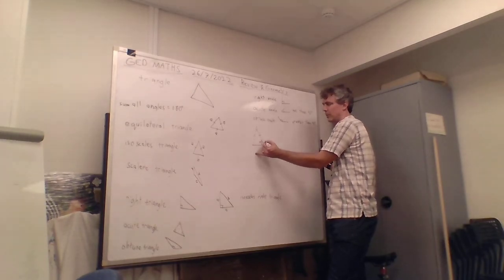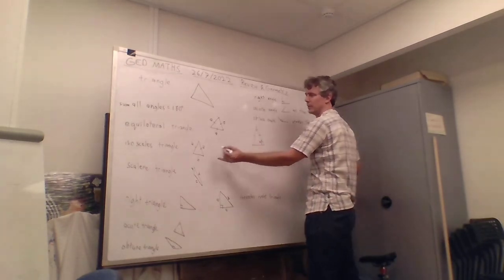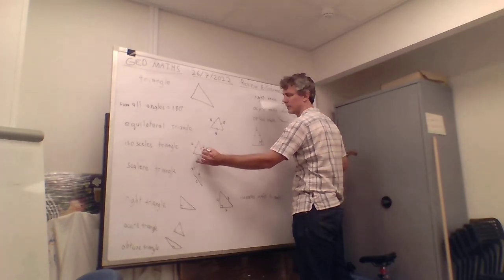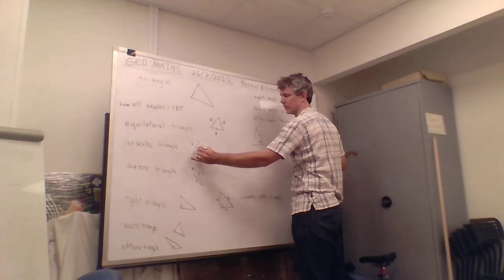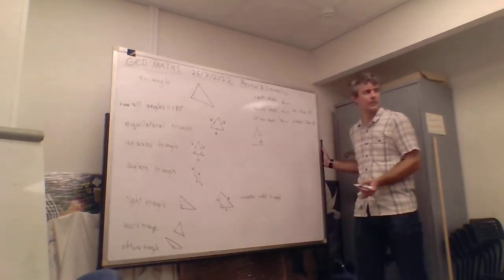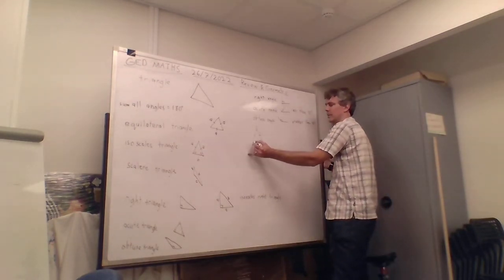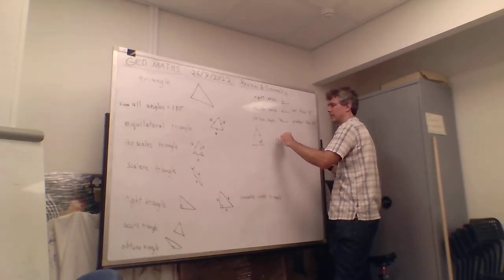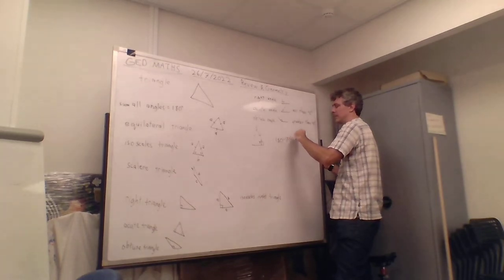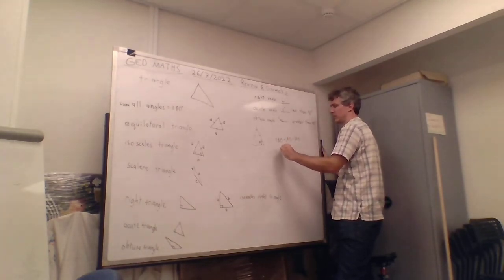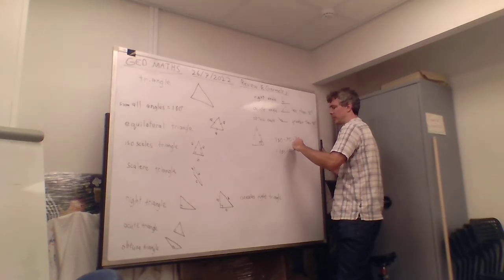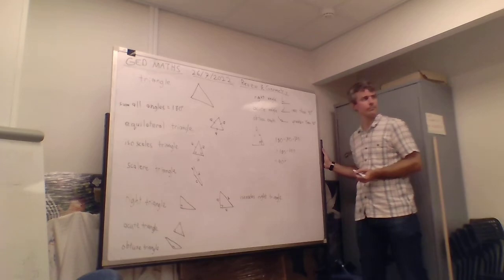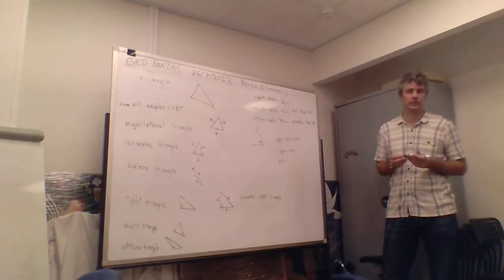So that's the thing with an isosceles triangle. Not only are these two sides equal, these two angles are equal. Okay? So this is 70, this must be 70. So we know 180 minus 70 minus 70, which equals 180 minus 140, which equals 40. So this one must be 40 degrees. So that's some of the calculations you can do.